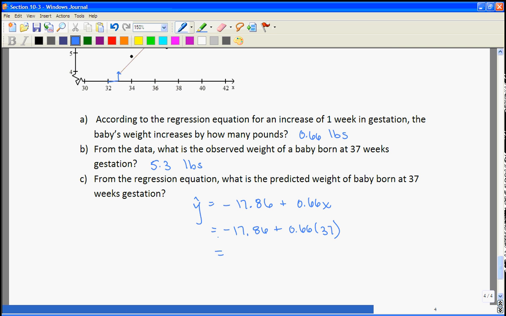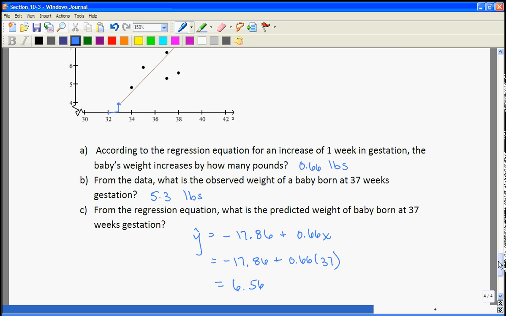Let's see what we get here. And I get 6.56, which is a little bit more than what I expected. It's still correct, but it's a little bit different. It's a little further away than I expected it to be.